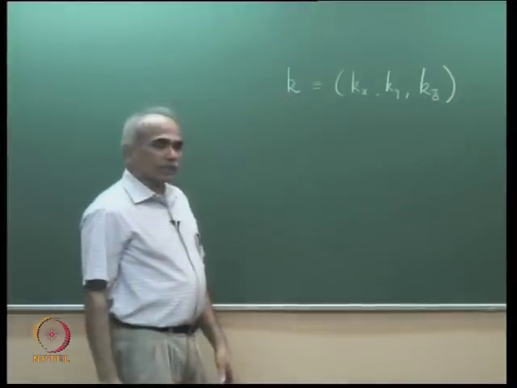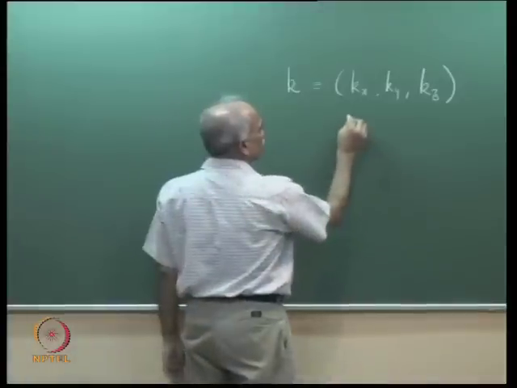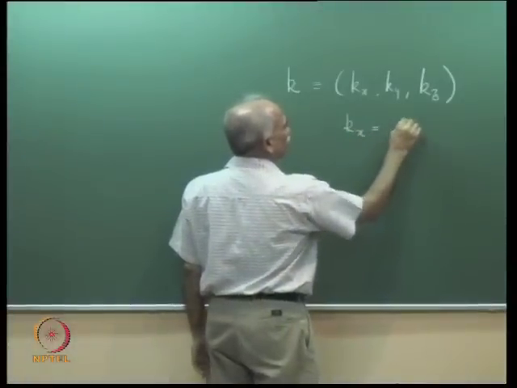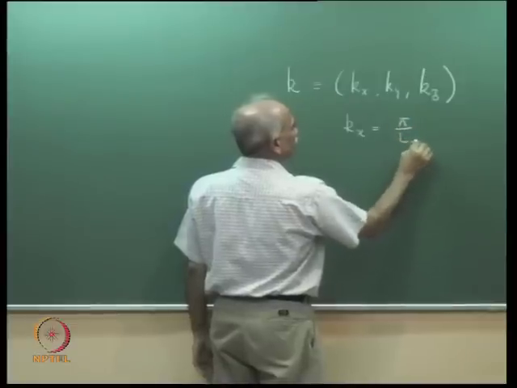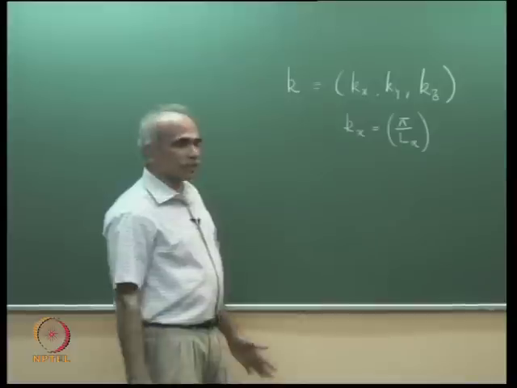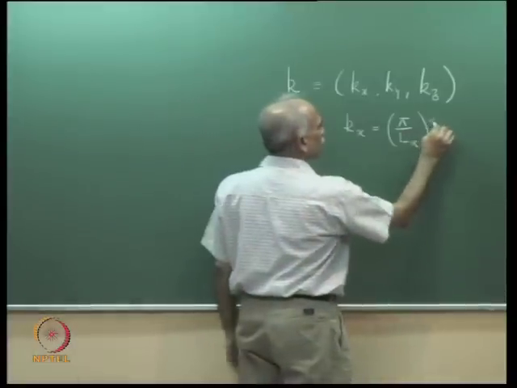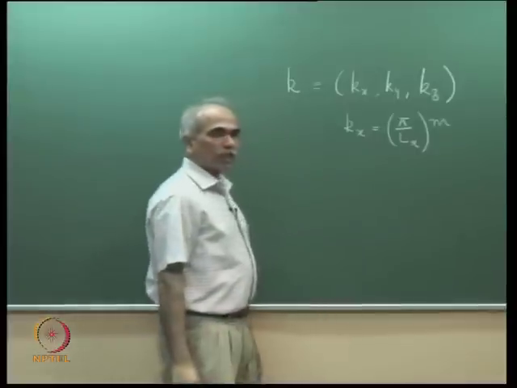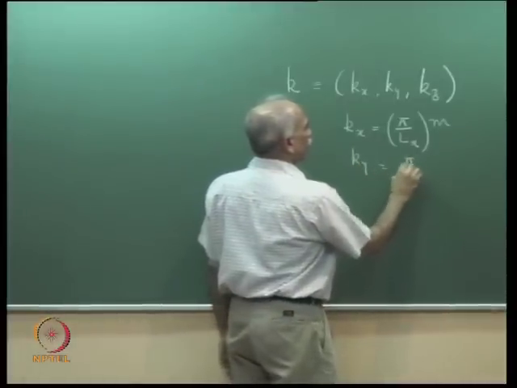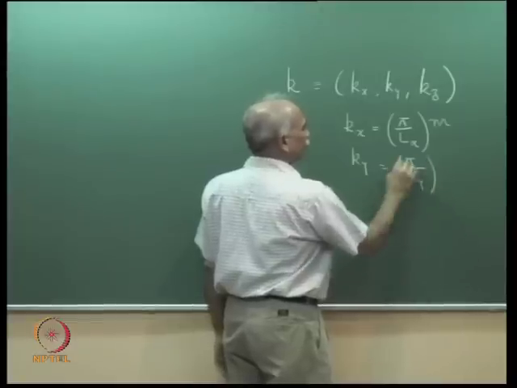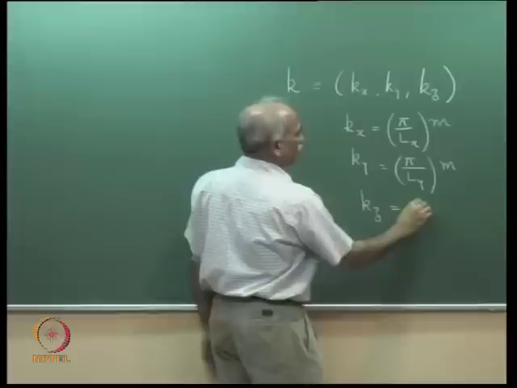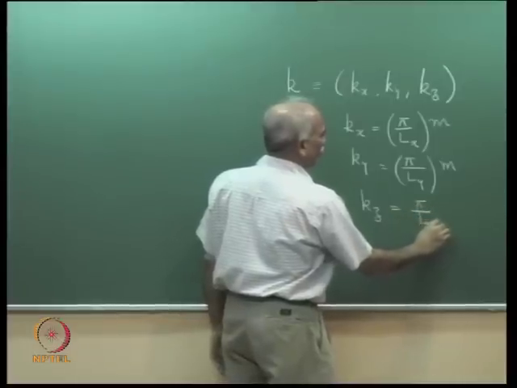And by applying the stationary state boundary condition, we have seen that Kx, Ky, Kz are discretized. So, if you have a material of dimension Lx into Ly into Lz, then Kx is an integral multiple of pi by Lx, Ky is an integral multiple of pi by Ly, and Kz can take values which are integral multiples of pi by Lz.